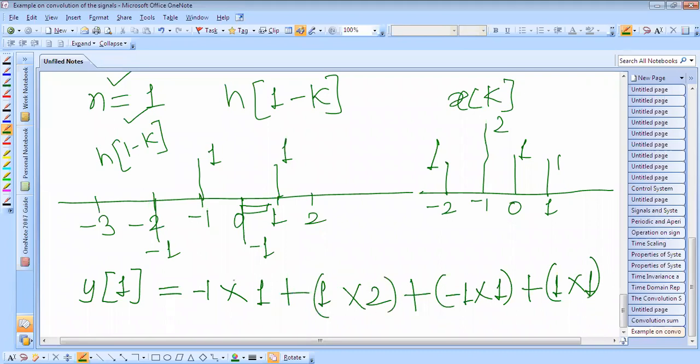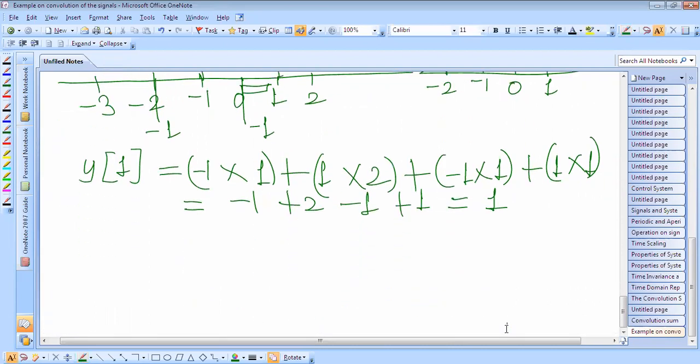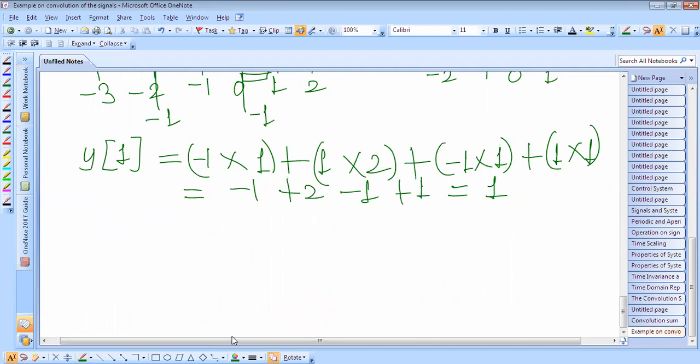Okay, so it is -1, this is +2, this is -1, this is +1. So what is the value? It is 1. So y of 1 is equal to 1.